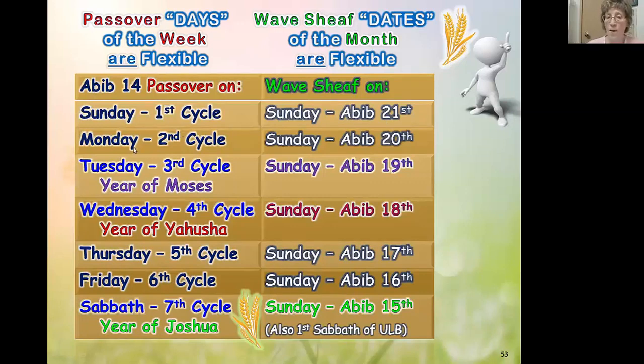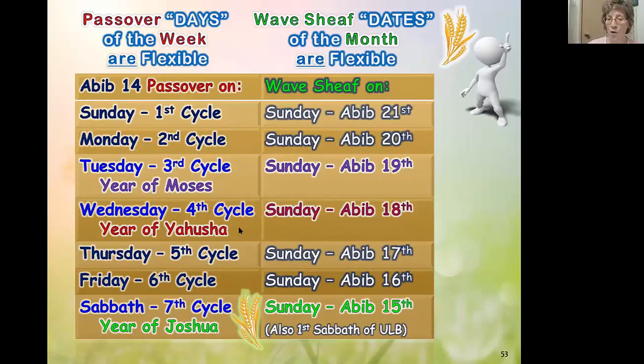If Passover is on a Monday, wave sheaf is going to be on Sunday, Abib 20. It'll be on the 20th. If your Passover is on a Tuesday, like it was with Moses, then wave sheaf is now on the 19th. It's a different date.